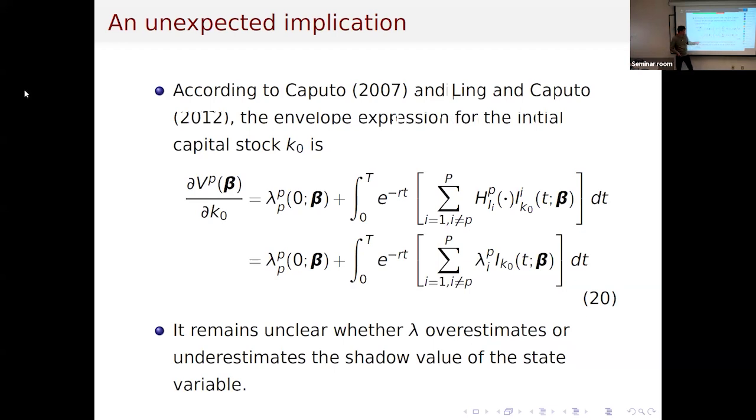So we have this extra term here. In general, we cannot say the costate variable is the shadow value of the state, at least in the open loop Nash equilibrium. Okay, so this is the basic result.